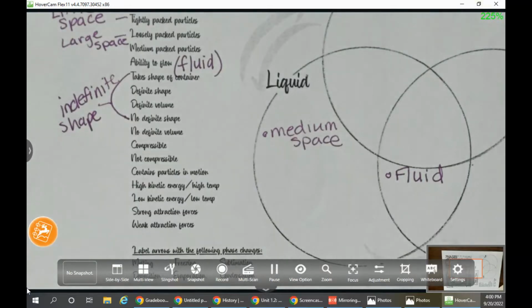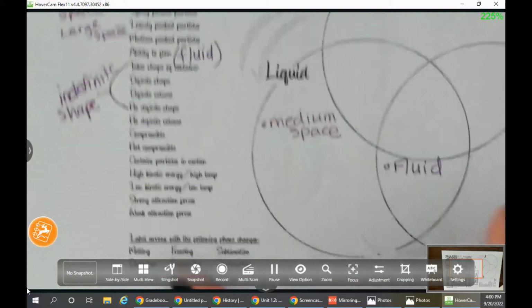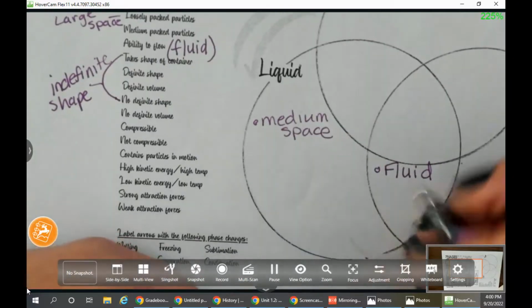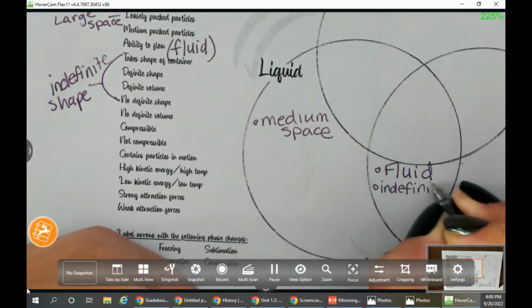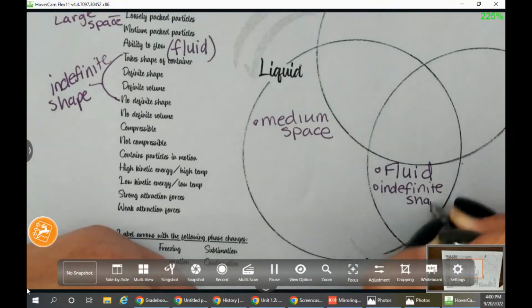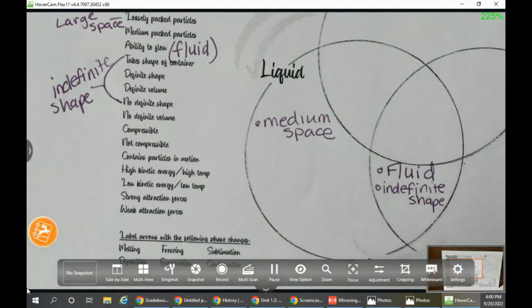Gas is one. Liquid. So we're going to have gas and liquid again. So we're just going to add that right underneath fluid. I'm going to say indefinite shape. Okay, or not a definite shape. Not a fixed shape. You can use any word.